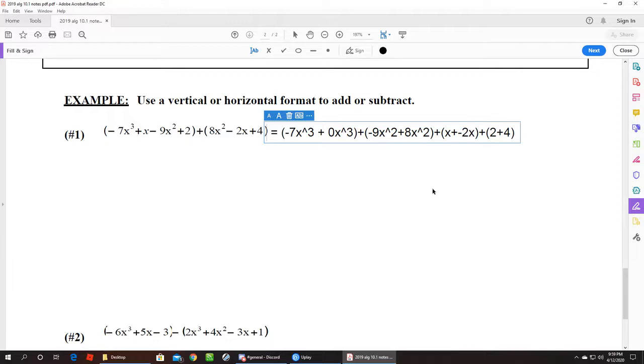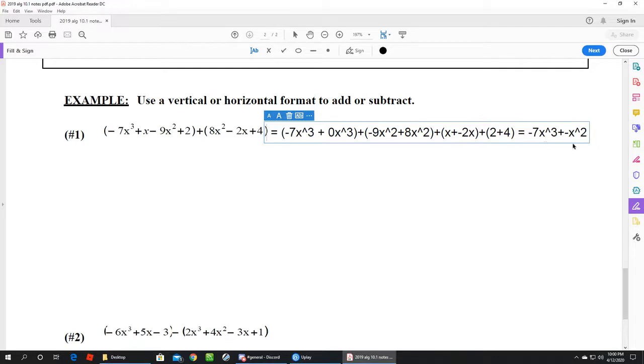All right. And this is all equal to, well, now you can actually add them together. What's that? Negative 7 plus 0 stays negative 7 to the third power still. And then plus negative 9, positive 8, oops, negative 1. Do we need the 1 though? No. So we can just leave it as x to the second.